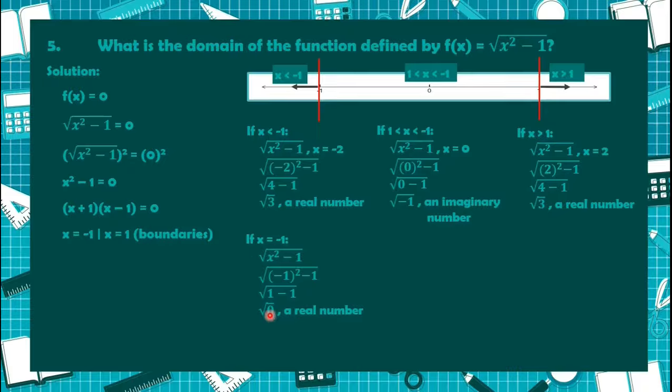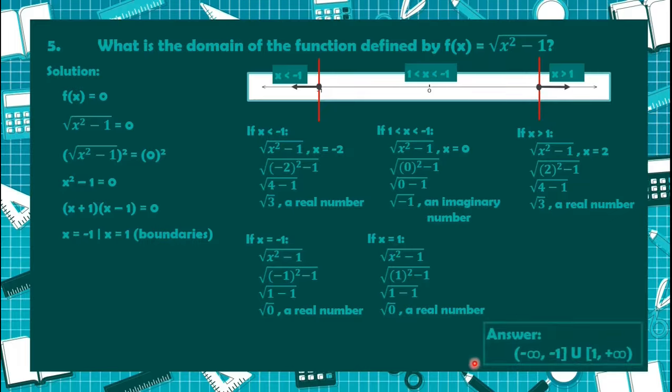Then let's check if our -1 and 1 are included in our solution. If we let x be -1, our answer is 0, a real number. And if we let x be +1, our answer is the square root of 0, still a real number. So -1 and 1 are still included in the solution.